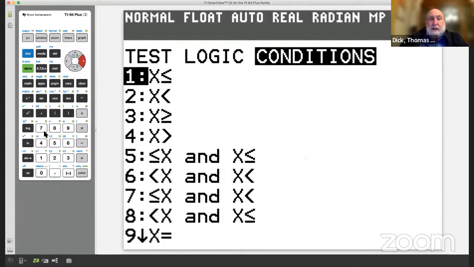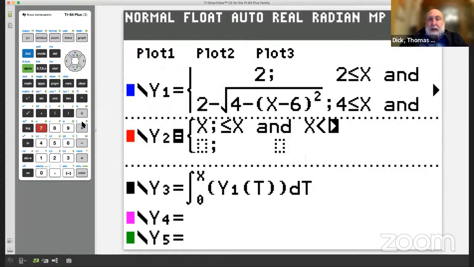I'm going to go down to number 7. And something I should have done first is put in the beginning value. So let me arrow over there. I'm going to insert 0. And so I've got 0 less than or equal to x, and x is less than 2. Okay. And that's the first piece.